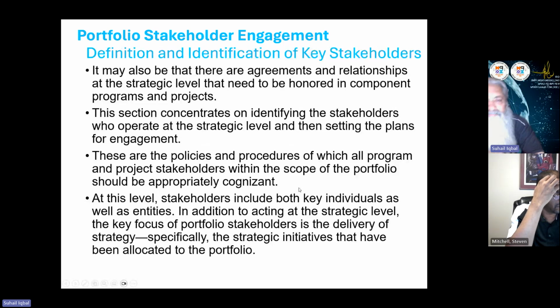It may also be that there are agreements and relationships at the strategic level that need to be honored in component programs and projects. This section concentrates on identifying the stakeholders who operate at the strategic level and then setting the plans for engagement.